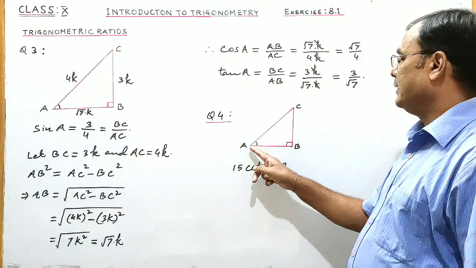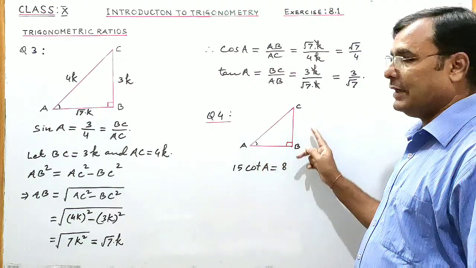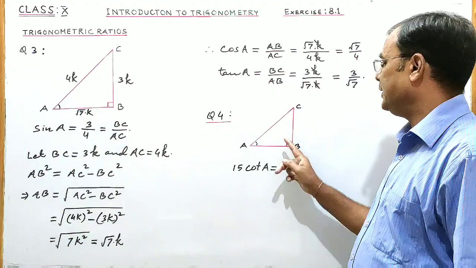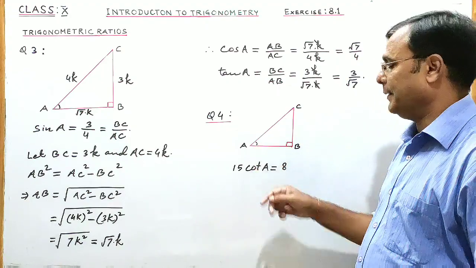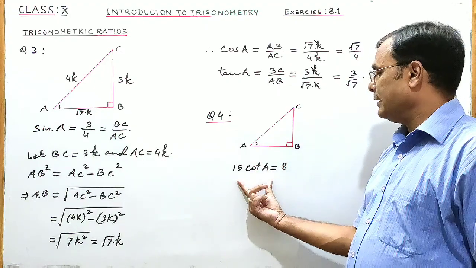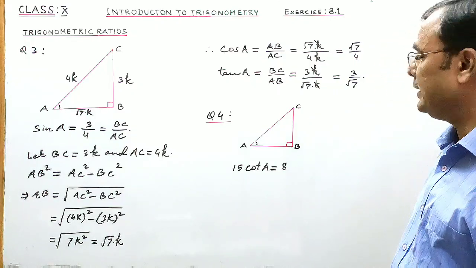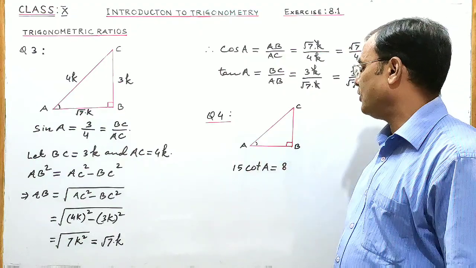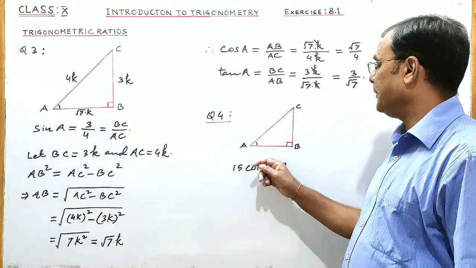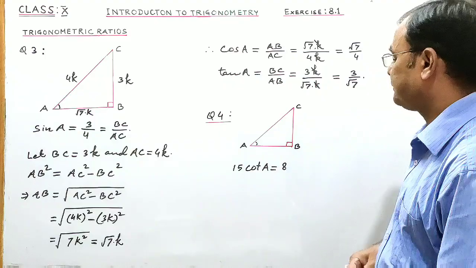In this figure, ABC is a right angle triangle right angled at B with acute angle A, and we are given that 15 cot A is equal to 8. We have to find sin A and sec A.